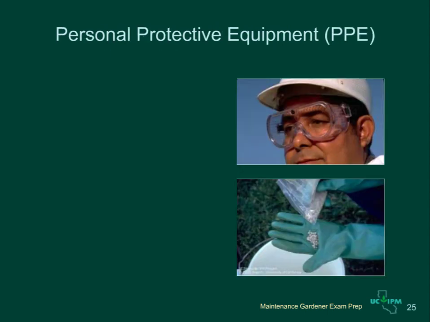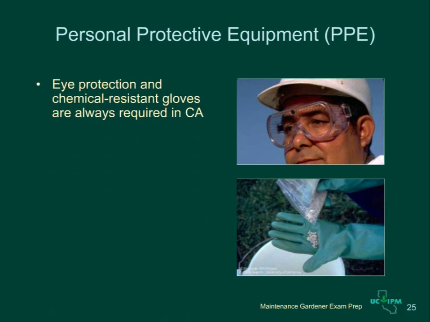Every person who handles pesticides should know the importance of wearing and correctly using personal protective equipment, PPE. Eye protection, such as goggles or safety glasses with brow and temple protection, and chemical-resistant gloves are always required and must be provided by employers.